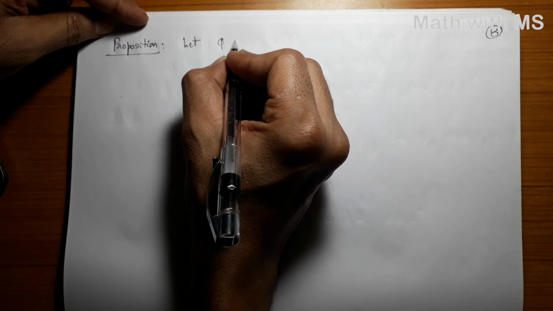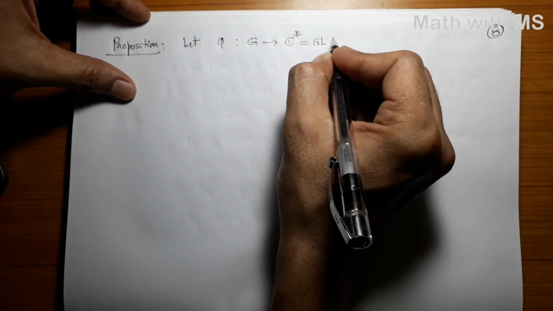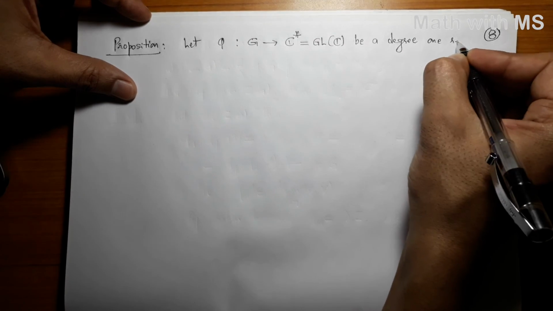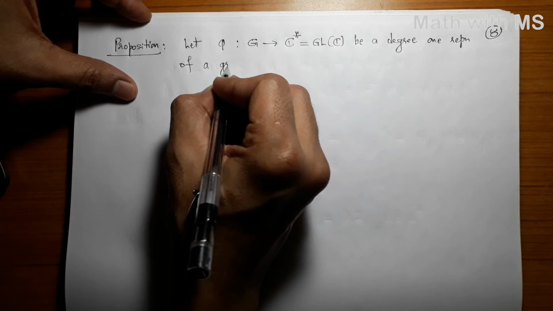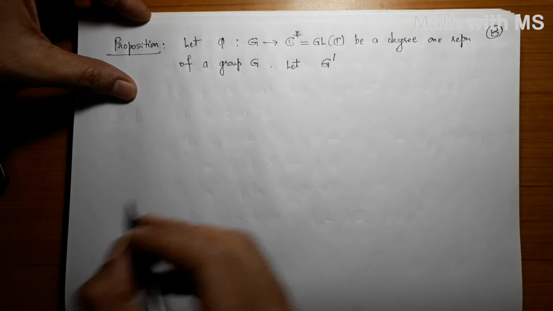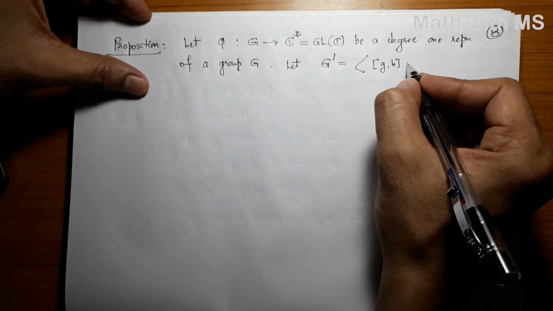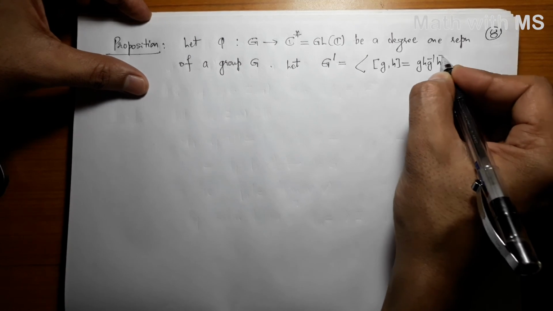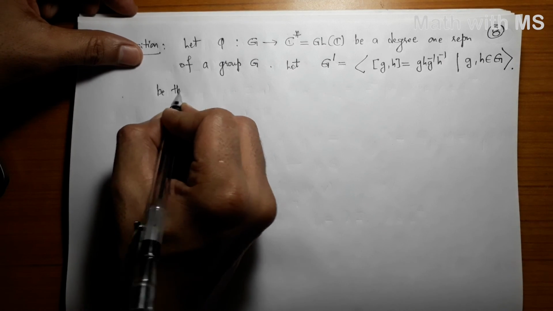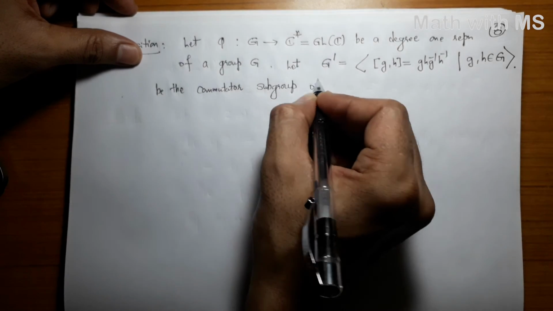Let phi from G to C star, which is GL_1(C), be a degree 1 representation of a group G. Okay, and let G prime be the commutator subgroup of G. So you may recall that the commutator subgroup is the subgroup generated by commutators [g,h], which by definition is g h g inverse h inverse, where g and h are elements of the group G. Okay, it's a normal subgroup of the group G.